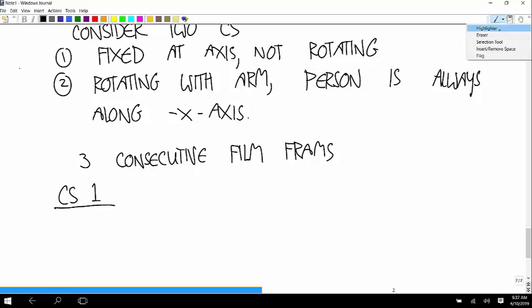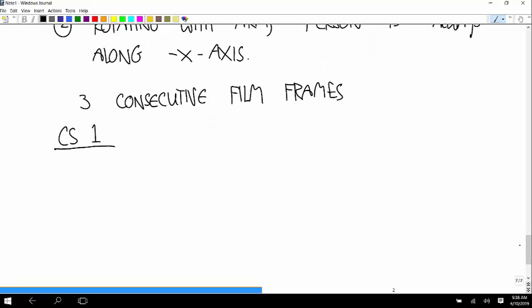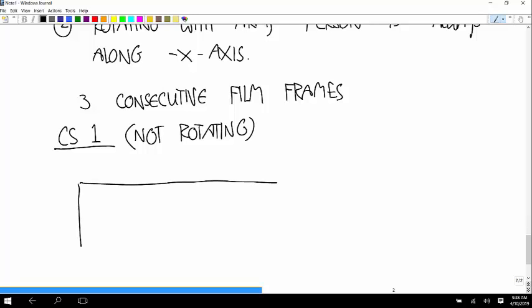Those are frames. Okay, in coordinate system 1, what do these film frames look like? So this is the one where it's not rotating. Here's the film strip.